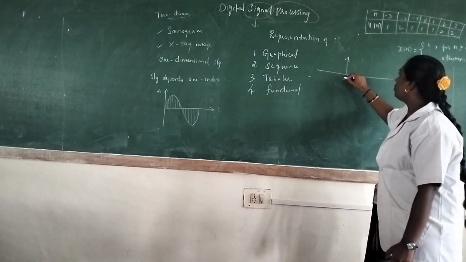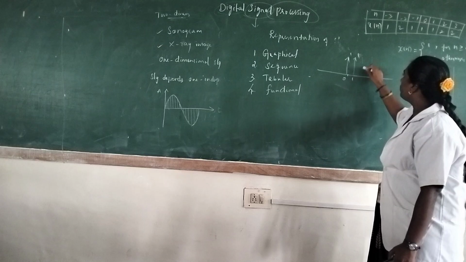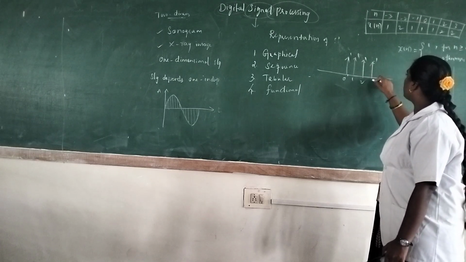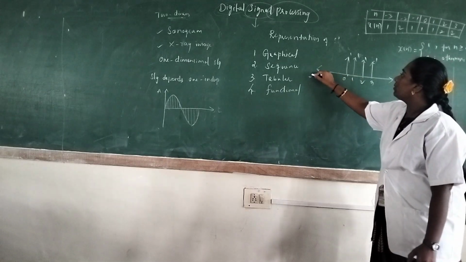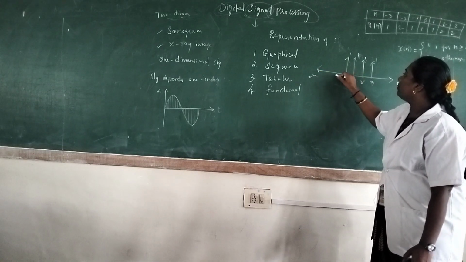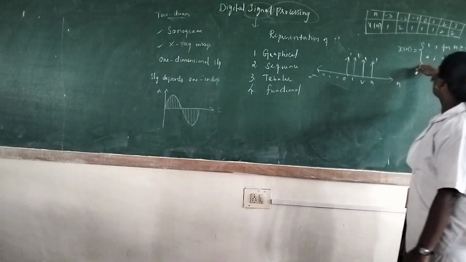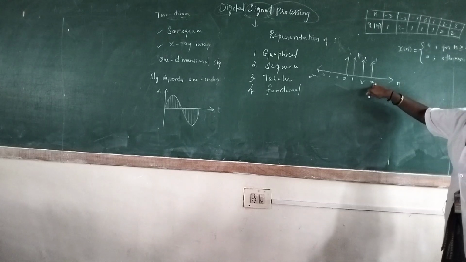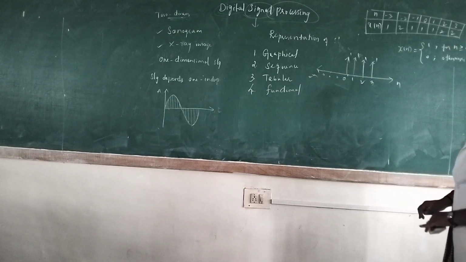So while considering the origin, the value will be 1, and for negative n, the value will be 0. So this is the representation of the sequence in graphical form. These are the basic representations of a signal.